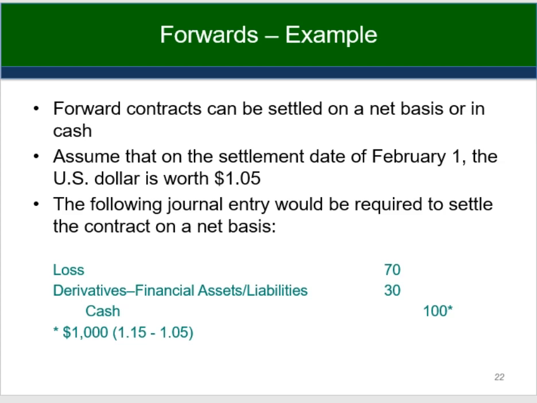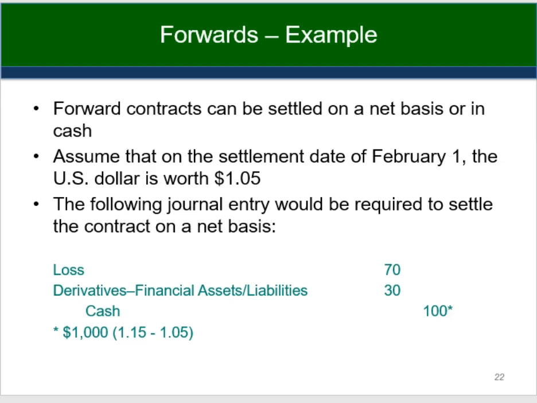So if we assume that on the settlement date on February the 1st, the US dollar is worth $1.05, and we've promised to pay $1.15 for it, then we actually have a loss of 70. So we would pay cash of $100, so our $1,000 US times the $1.15 we agreed to pay minus the $1.05 which it's worth today.